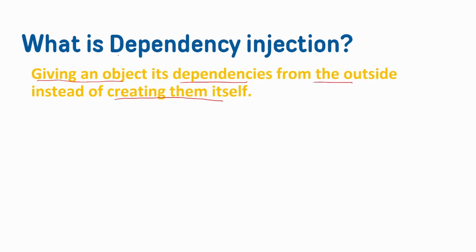You can see from the definition itself, dependency and injection. Injection means giving something from the outside. So in dependency injection, the dependency is injected or given from outside the class. Giving an object its dependency from outside instead of creating them itself is known as dependency injection.